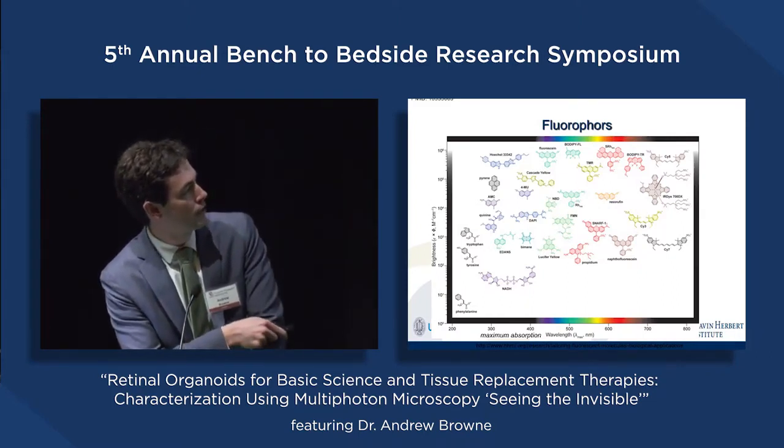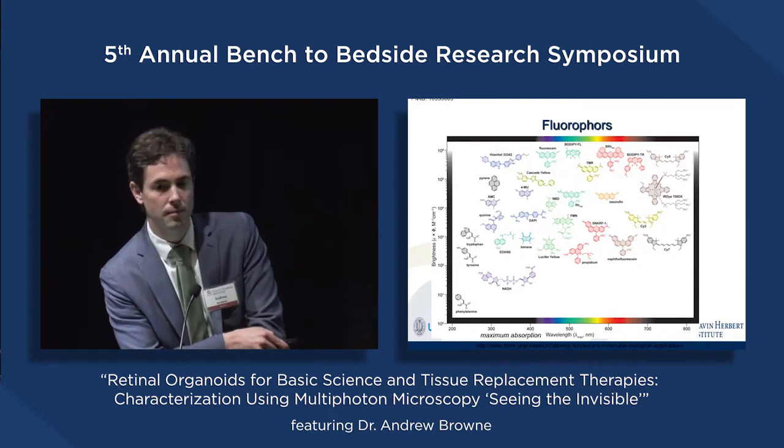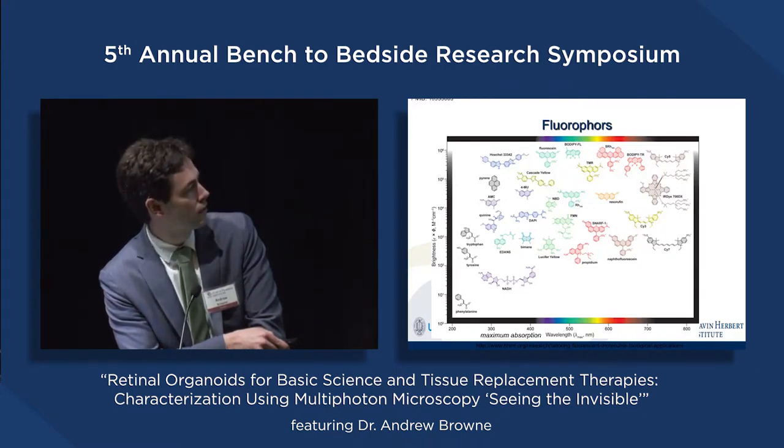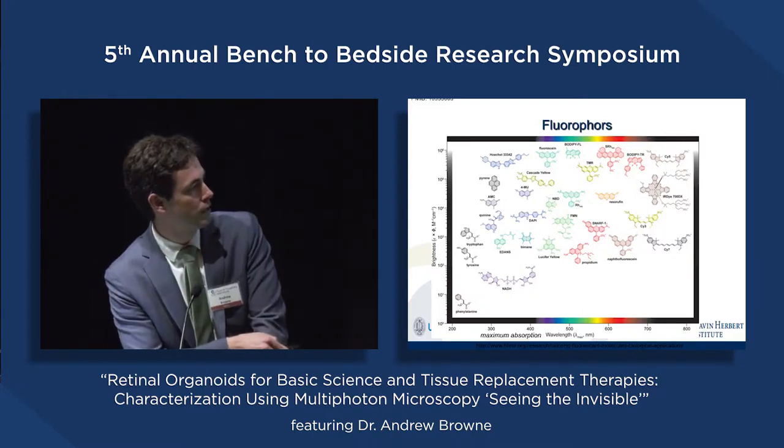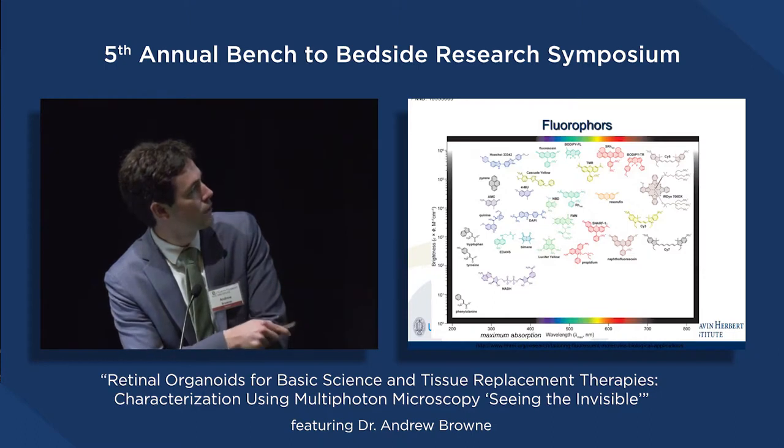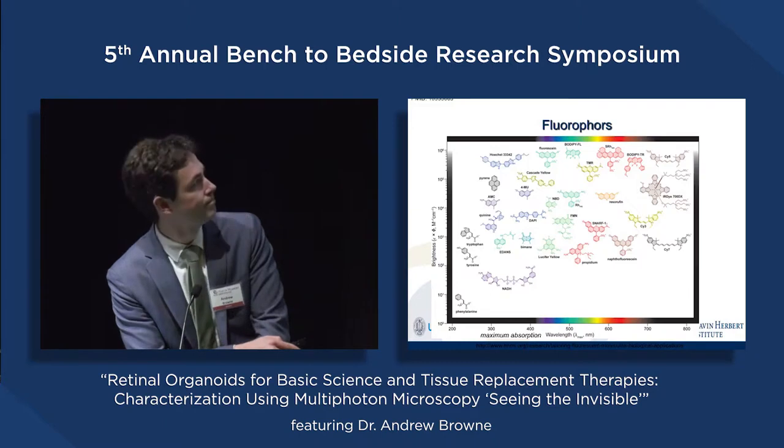And so if we plot on the x-axis here the visible spectrum with infrared spectrum on the right and the UV spectrum on the left, in other words, short wavelength, high energy, all the way up to long wavelength, low energy electromagnetic radiation, and then we can see where exactly all these different fluorophores fall on that spectrum.